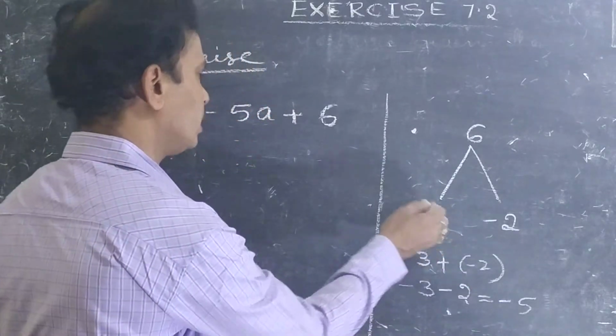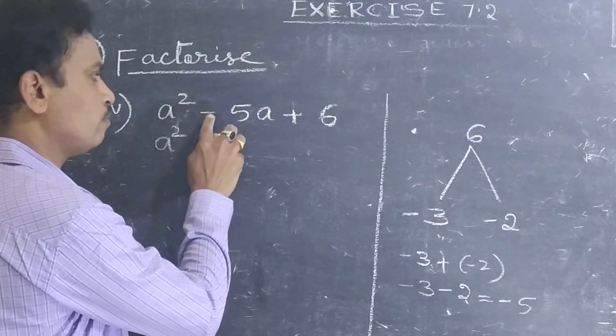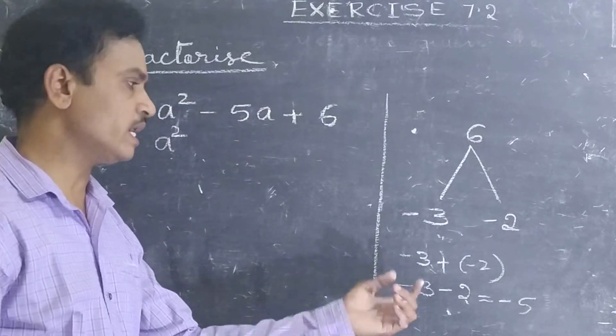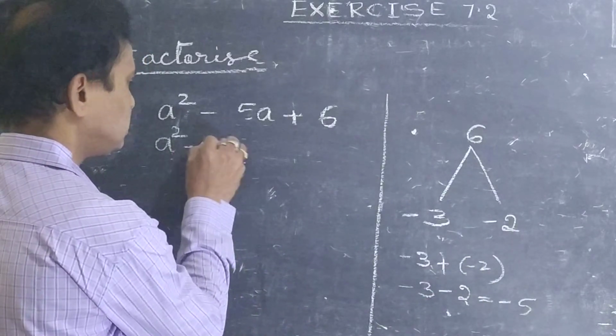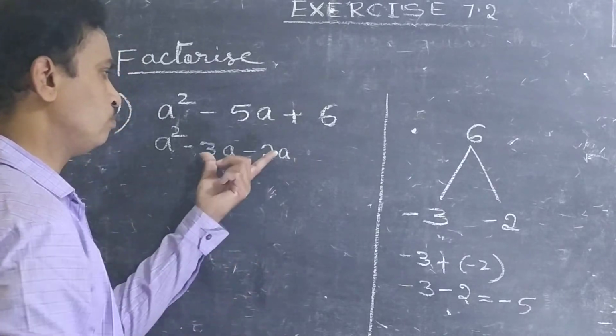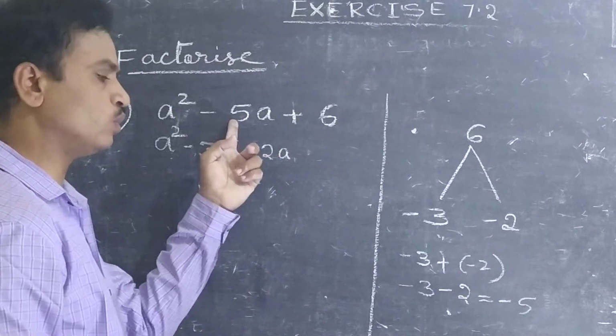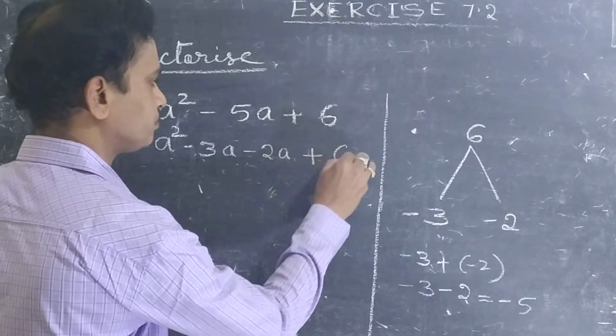Now we should write the first term as it is. a² minus 5a can be written as minus 3a minus 2a, that is equal to minus 5a, then plus 6.